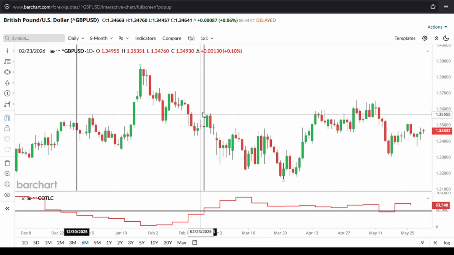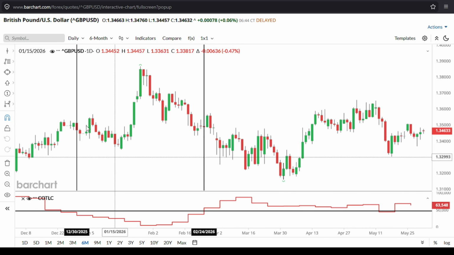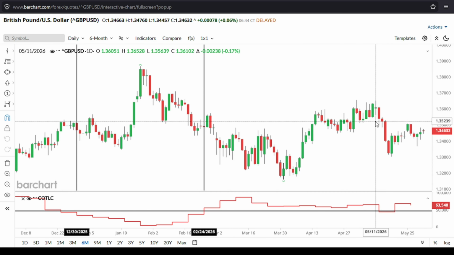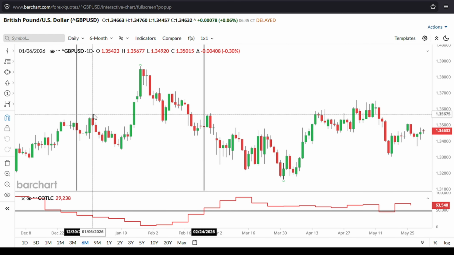So based on this strategy of using the commitment of traders chart, the commercial plot, we are bullish on the British pound US dollars. And this bias now will form part of your trading plan and let you know the underlying force of the market. Either the market is bearish, as you can see it here, or it's bullish here.